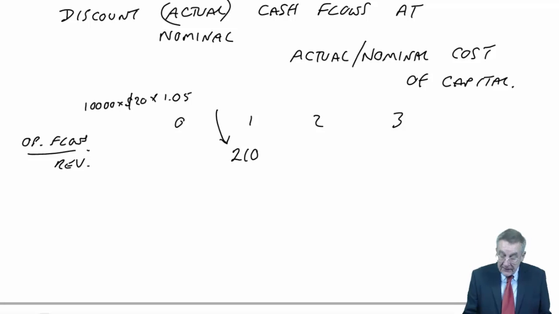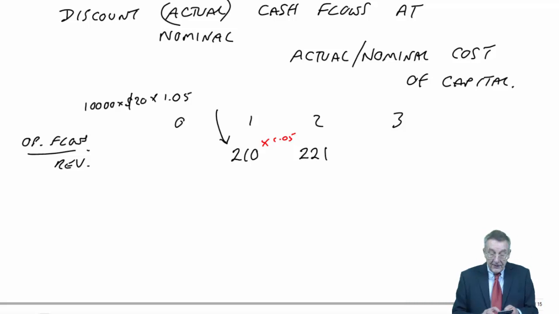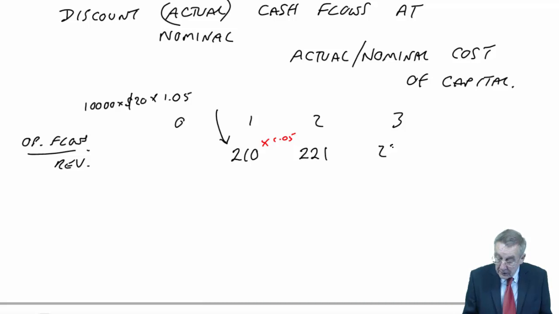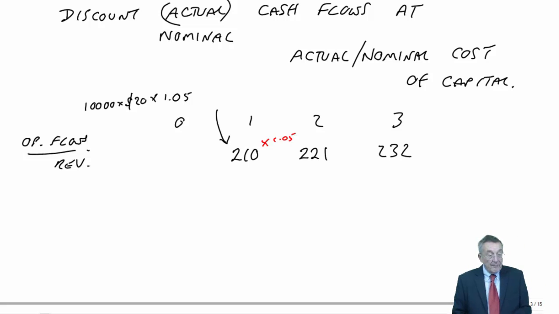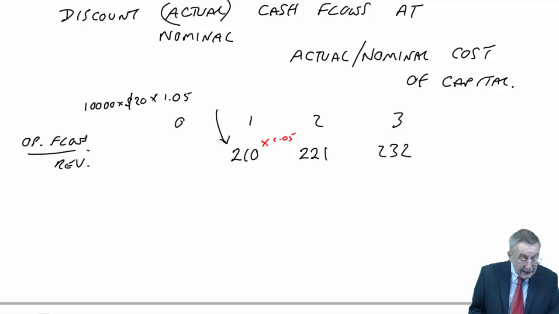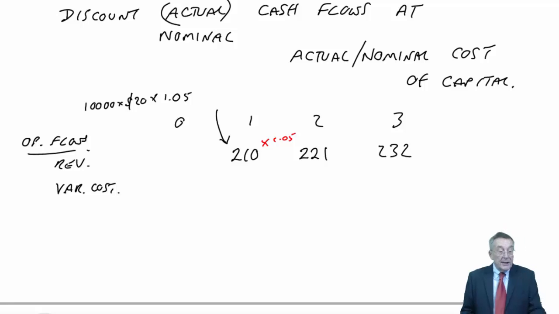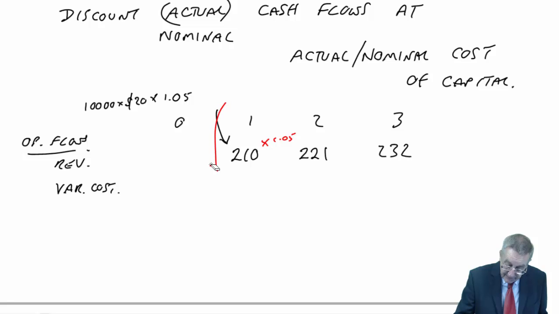It carries on inflating at 5%. So in 2 years' time, it'll be 221. And another 5% in 3 years' time, it'll be 232. I've also got production costs, variable costs. It's in right here, 14 a unit, so 10,000 at 14 a unit.